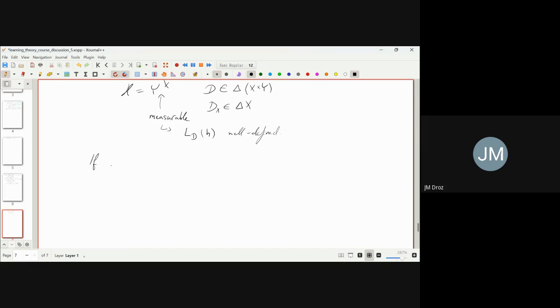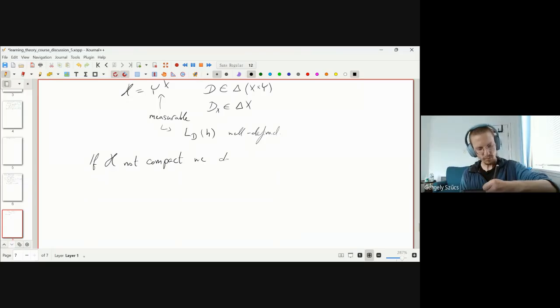And you can always find a better hypothesis by taking smaller epsilon. Right, so if H is not compact, then we don't generally have argmin at all, as Jean-Marie pointed out.